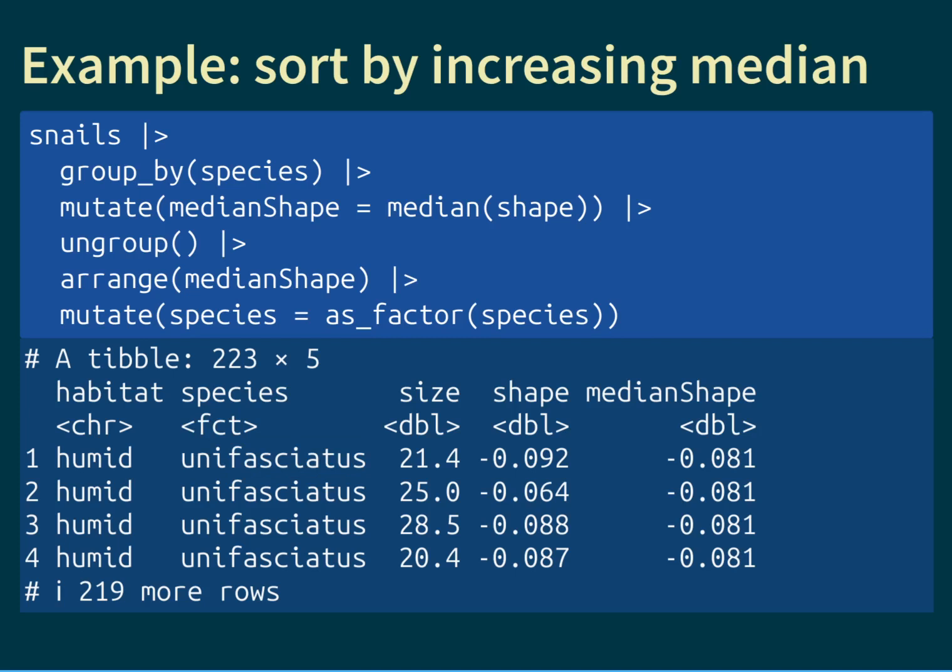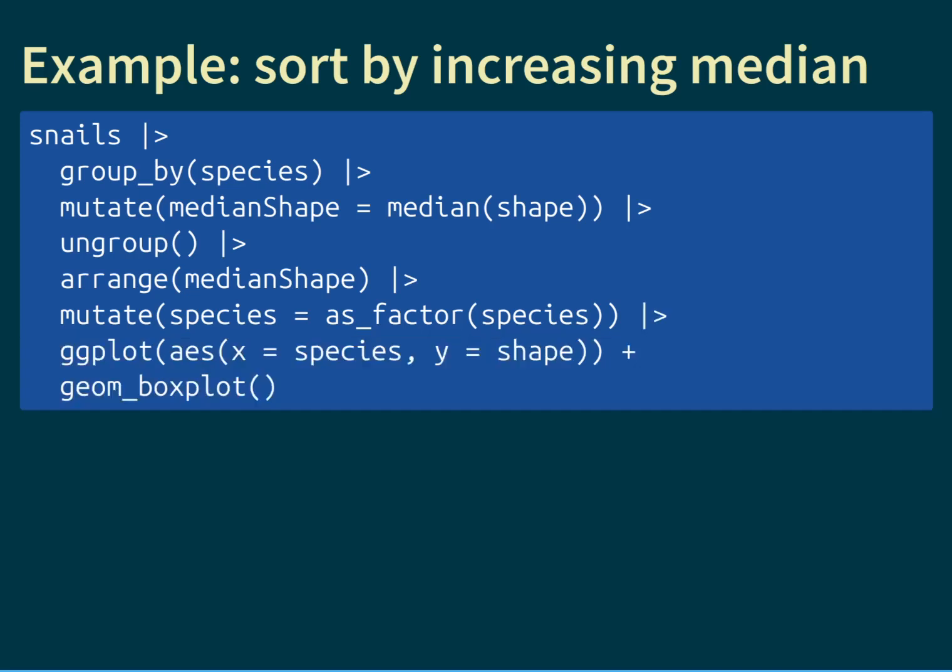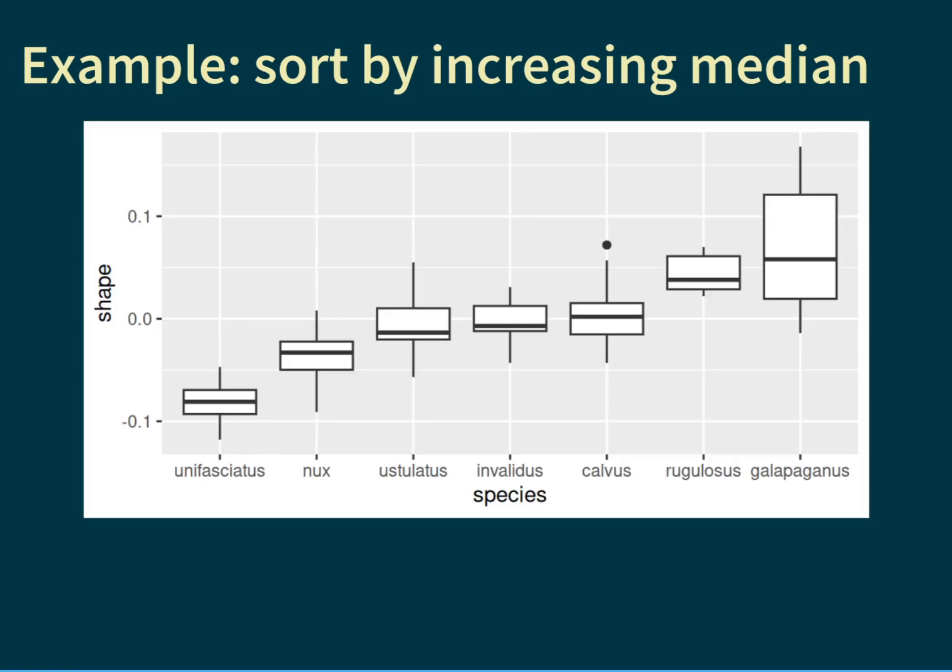And therefore, if we pipe this table on into a ggplot function, doing the same thing that we were doing before, then the resulting plot that we get looks like this, which is again the same as before, except that the species have been rearranged along the x-axis. The species with the smallest median shape is first, and the one with the largest median shape is last, and it is in increasing order all the way through.